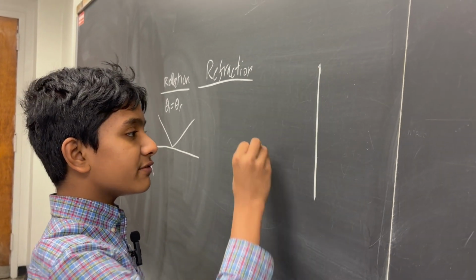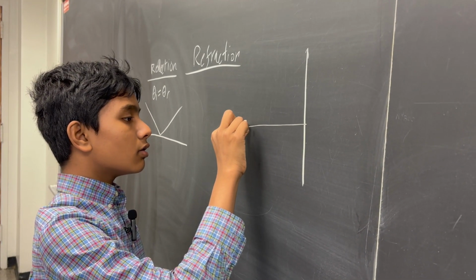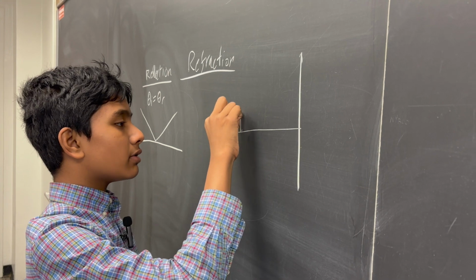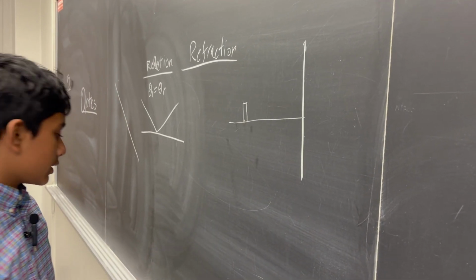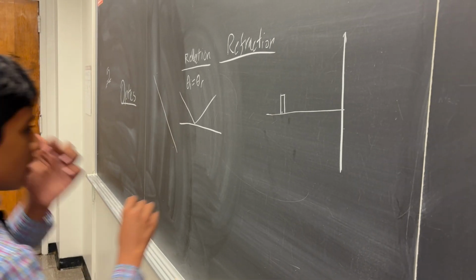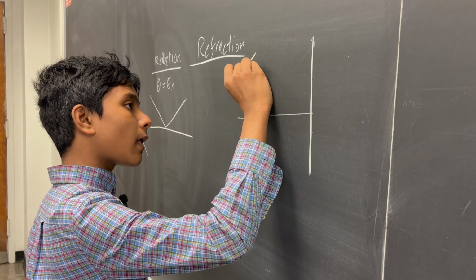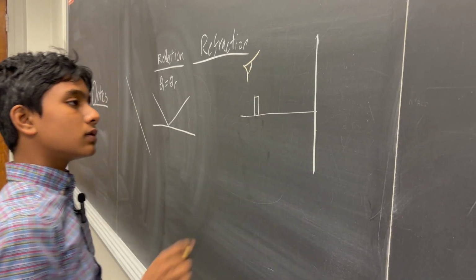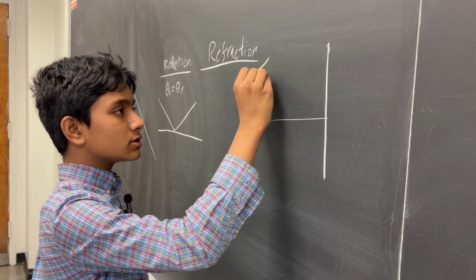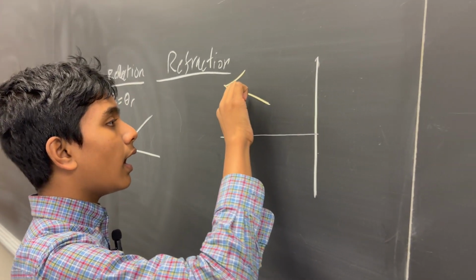So a flat mirror like this with an object on the ground, well, let's see what happens when we look inside the mirror. If we have an observer looking at this, let's draw the ray of light that goes towards their eyes.